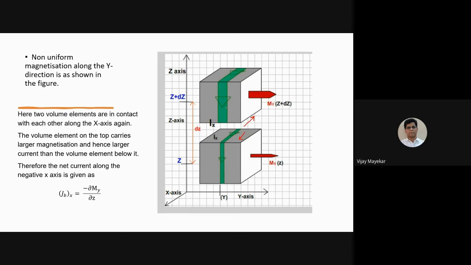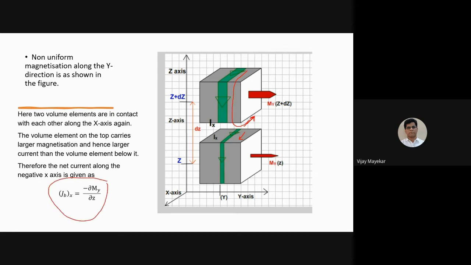This larger bound current, we consider this green band, is flowing like this way. So the larger current is along the negative x-axis, whereas the smaller bound current is along the positive x-axis. When we do this calculation, we get JB along the negative x-axis direction, as written here.